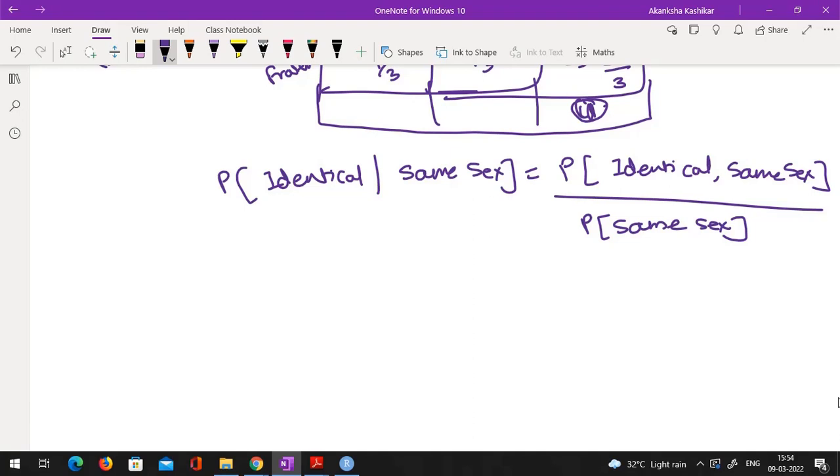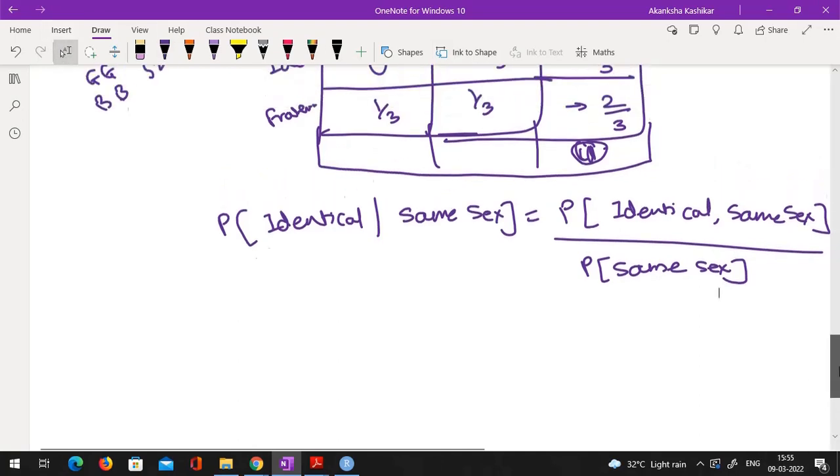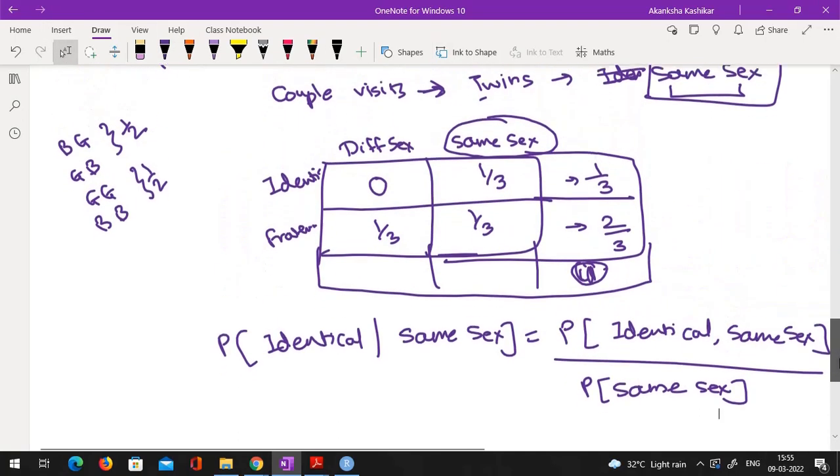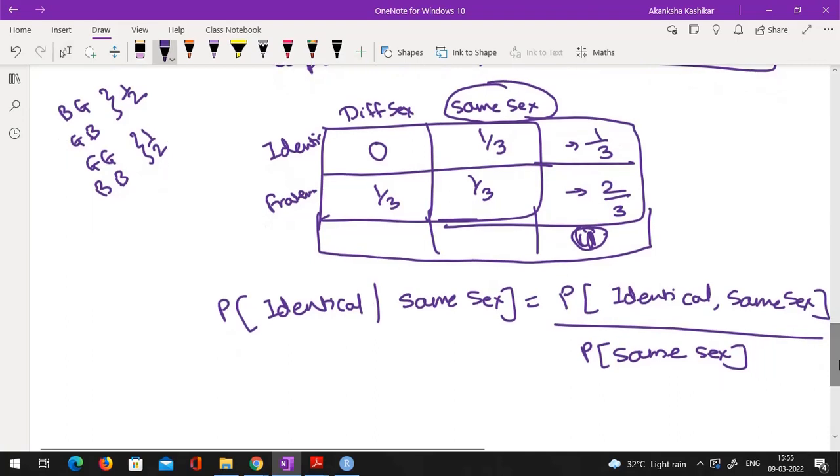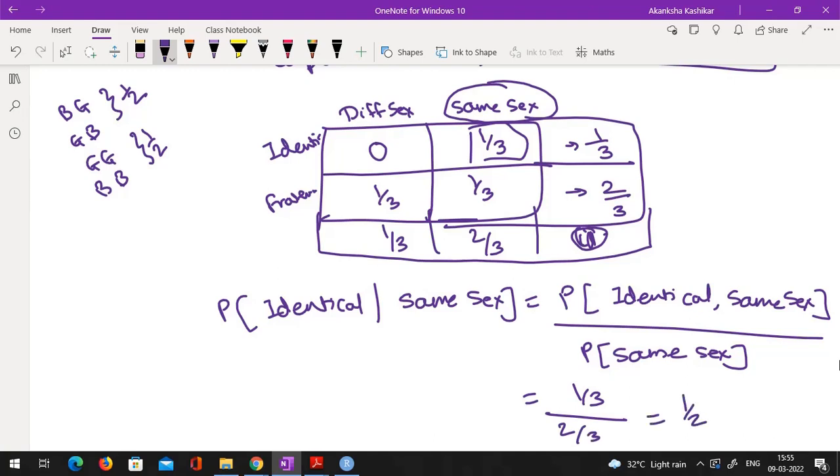I am not writing anything new. What is the joint probability of identical and same sex? This entry, so this is 1 by 3 upon the probability of same sex. The marginal probability of that will be this 1 by 3 plus this 1 by 3, so that is 2 by 3. So this is 1 by 3 upon 2 by 3, which is half.